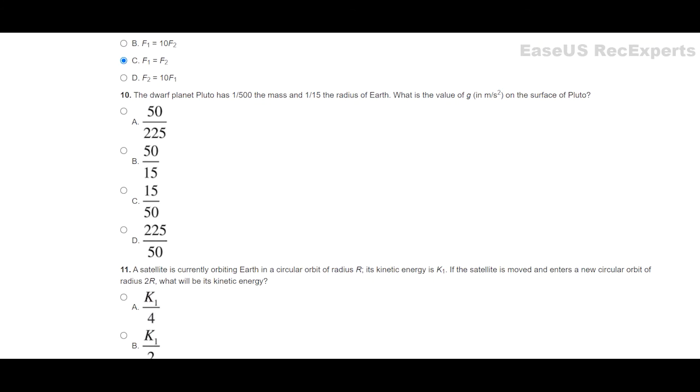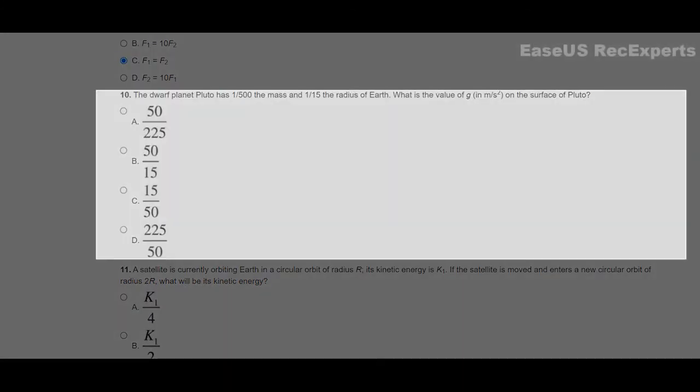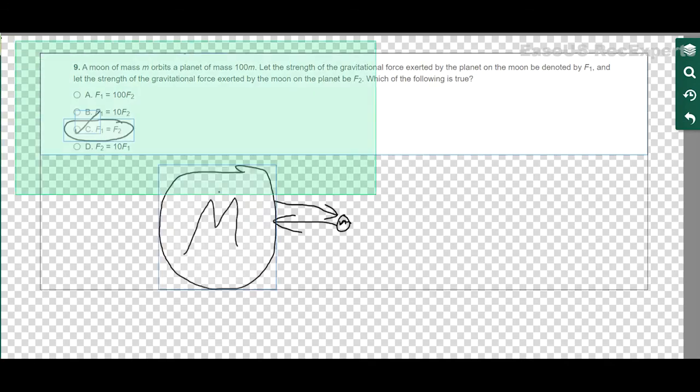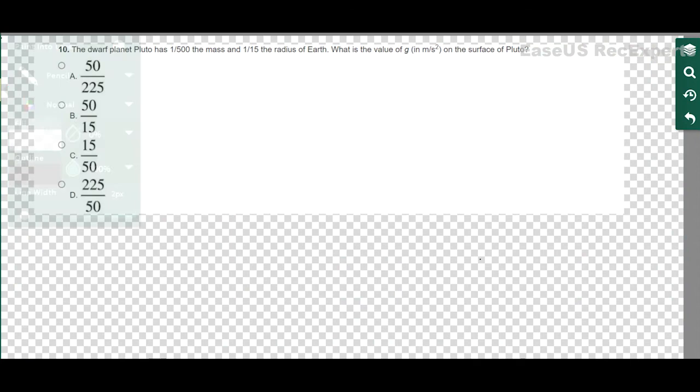Now let's take a look at number 10. The dwarf planet Pluto has 1 over 500 times the mass and 1/15 the radius of the Earth. So what is the value of g in meters per second squared on the surface of Pluto? Alright, so use g m1 m2 over r squared.